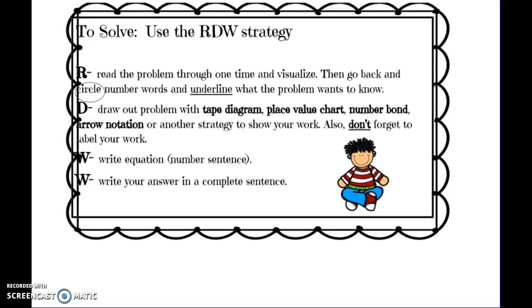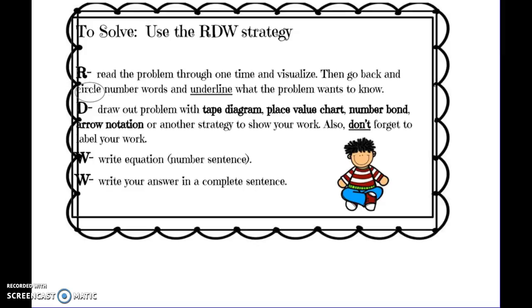To solve our application problem, we're going to use the RDW strategy. First, we need to read the problem. Then we're going to go back and circle numbers and then underline what the problem wants to know.